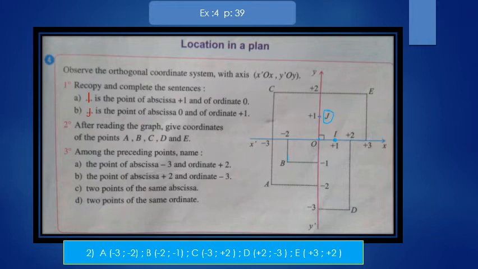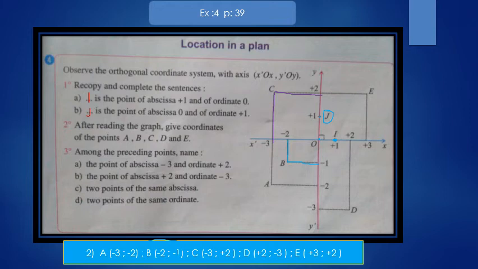B, the projection on x-axis is -2, and the projection on the y-axis leads me to -1. So B is (-2, -1). Here are its coordinates. Now, point C. Here is C, the projection of C on x-axis is -3, and on y-axis +2. So here the coordinates of C is (-3, +2).